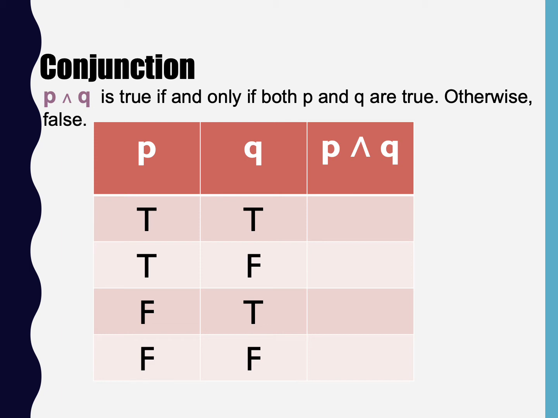You can have both propositions true, one proposition true and the other false, and both propositions false. To complete the table, apply the conjunction rule. In this case, only row 1 has both true propositions. Hence, its conjunction is true. The rest of the table will be false.